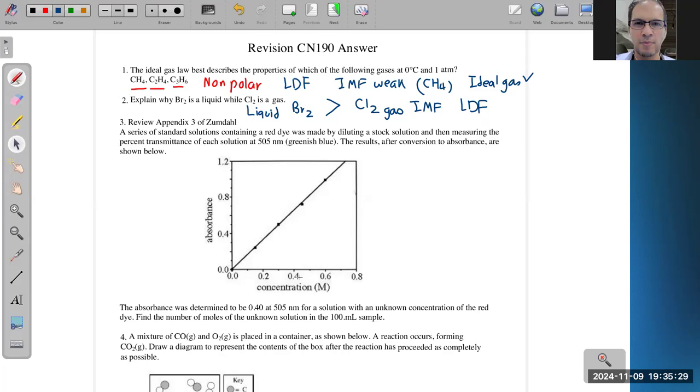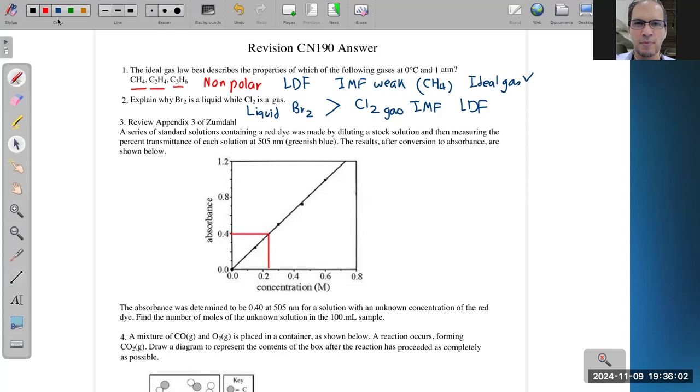I need to find the number of moles of this solution. Because he has given me the curve already, I can simply look at 0.40 and find the concentration at that. So I'll make a straight line in the exam between this 0.40 and the curve, then I will go down, complete the line like that, and find my number.